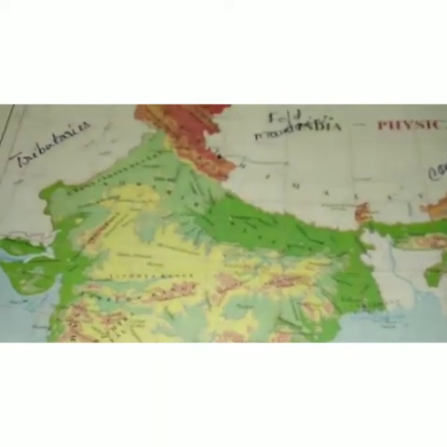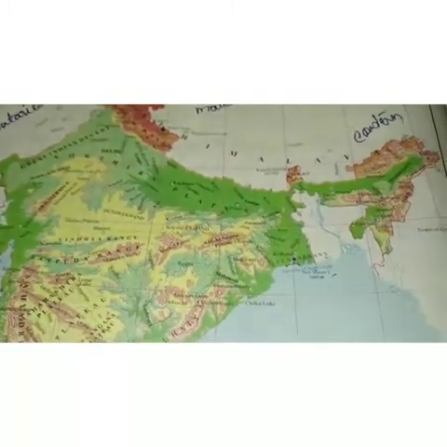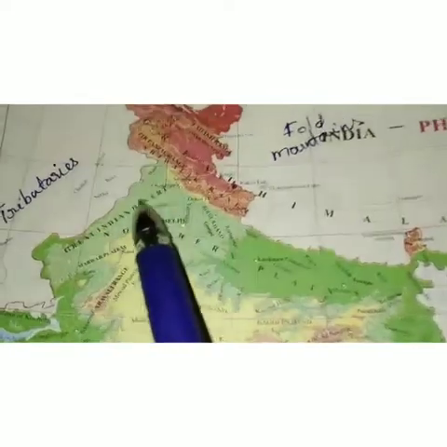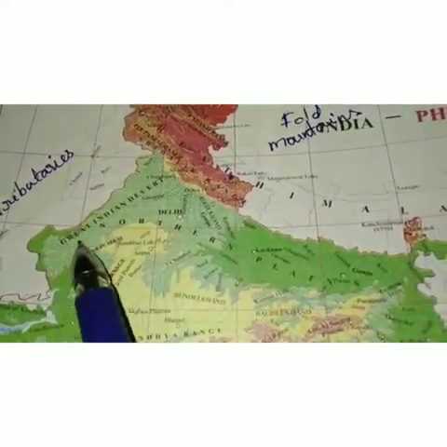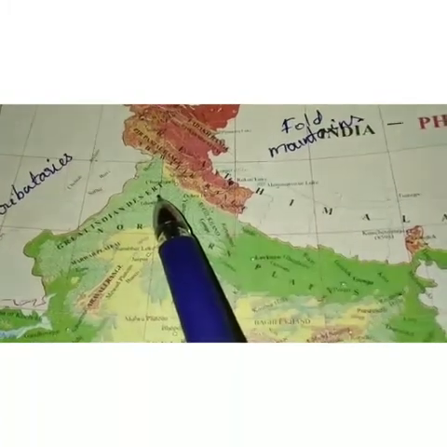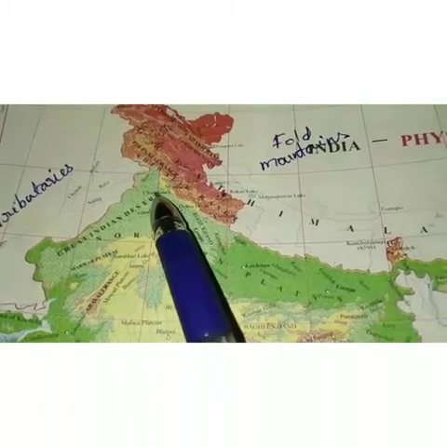Towards the west, there is a great desert, the Indian desert. The western plains are a desert. Towards the north of Rajasthan, you will find the Punjab plains.